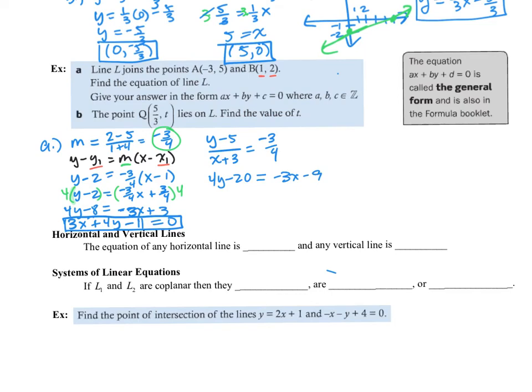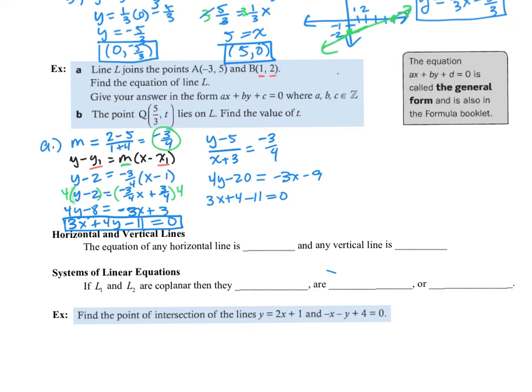So now all we need to do is move terms around to put it in general form. So we need one side equal to 0. I'm going to add the 3x to both sides and add 9 to both sides. And that would give us 3x plus 4y minus 11 equals 0. I just added 3x, and then I added 9 to negative 20. And you see we get the same equation as we did here. So that's a little shorter way if you'd rather do it that way.